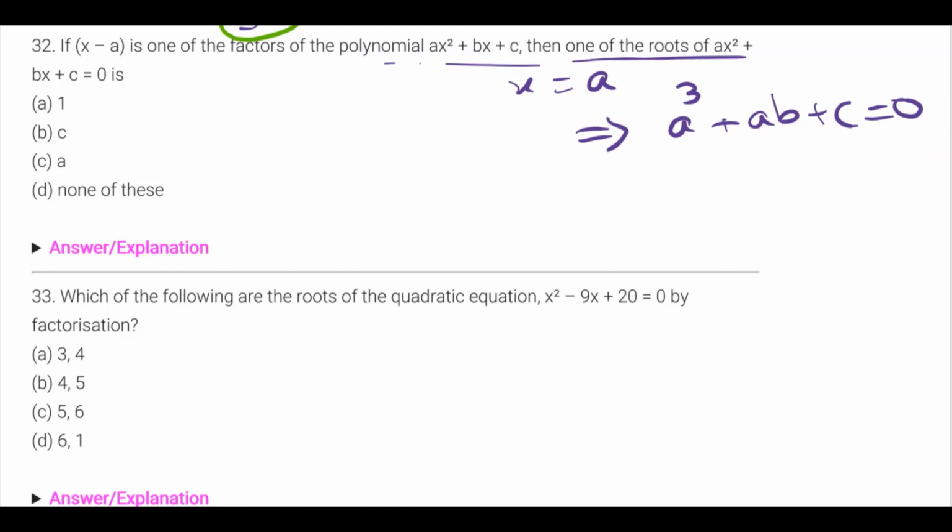And one of the roots of ax square plus bx plus c equals to 0. If I take out a common here, a square plus b plus c equals to 0.